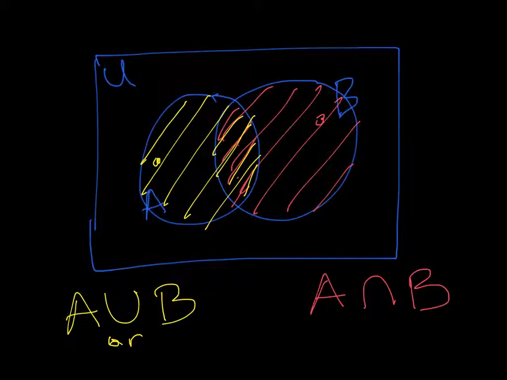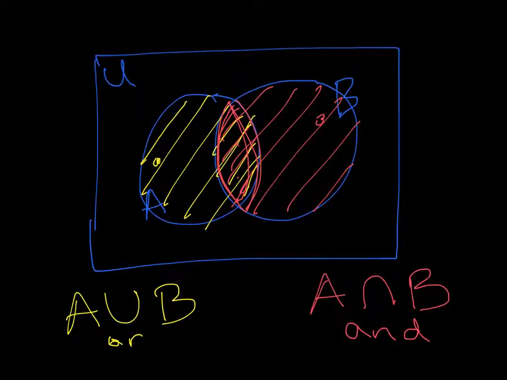For the intersection here, which is this middle part, the word is and. So the compound inequalities with and would fall under intersection because it has to be A and it has to be B. And the only part that it's both of those, A and B, is in this overlapping part in the middle.